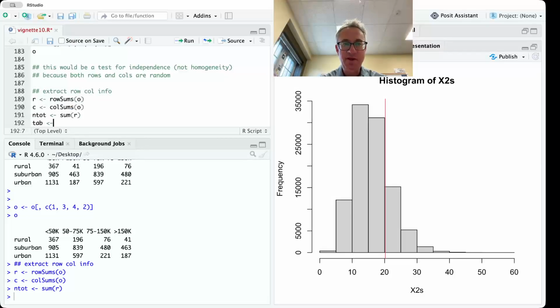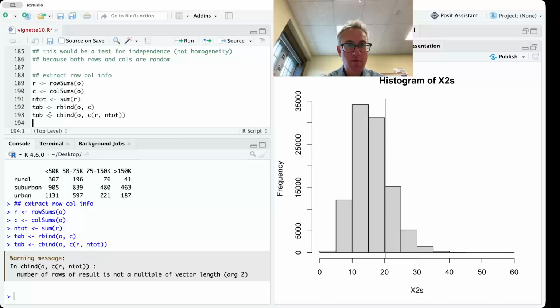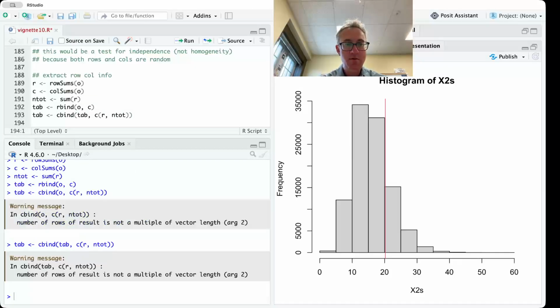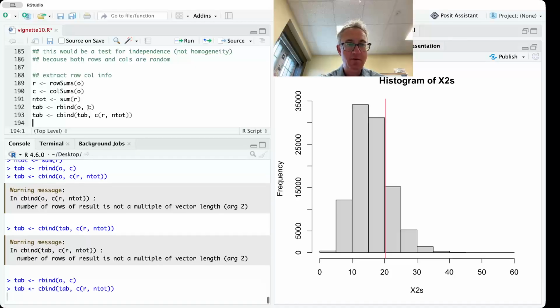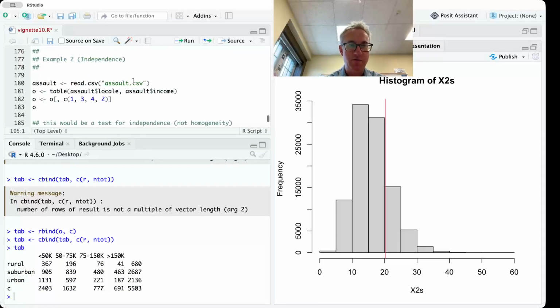And then I can build the table. Oh, tab. Oops, I better do that again. Okay, so now I've got the table, but I got to give it the correct row and column names.